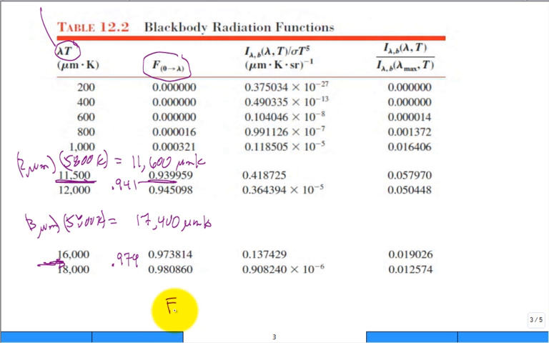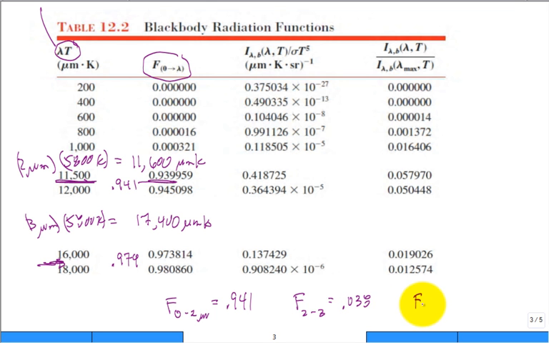So if we did this, let's just go ahead and do the fractions. The fraction from 0 to 2 micron for solar is 94.1%. What is the fraction from 2 to 3? You see, they take the difference of those two numbers, right? And when you take the difference of those two numbers, it comes in at 0.038.